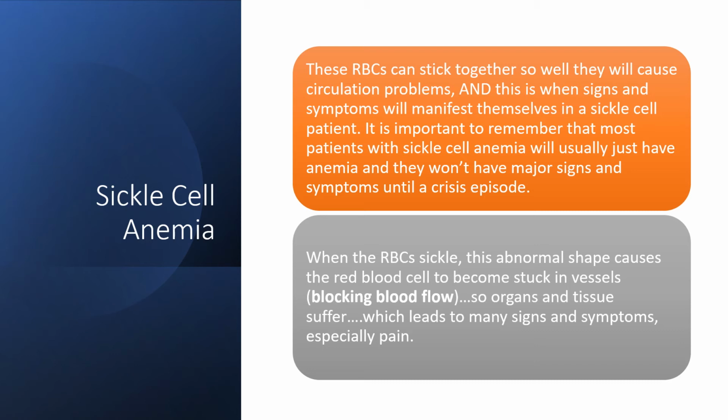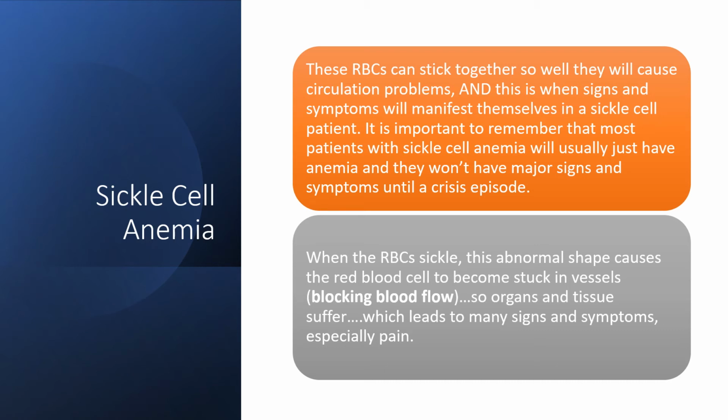So something has to happen, something has to trigger the crisis, and so they will remain anemic, with low oxygenation, fatigue, poor growth and development until a crisis occurs. Then you will start seeing the pain and all those different things. So when the red blood cells stick together, these abnormally shaped cells become stuck in the vessels, blocking blood flow.